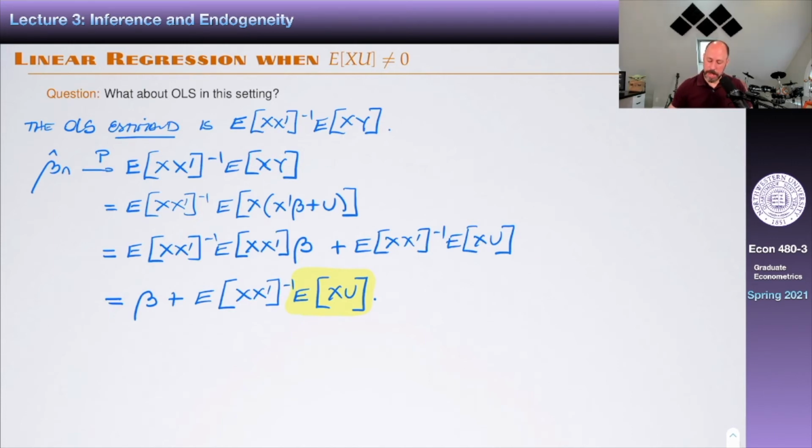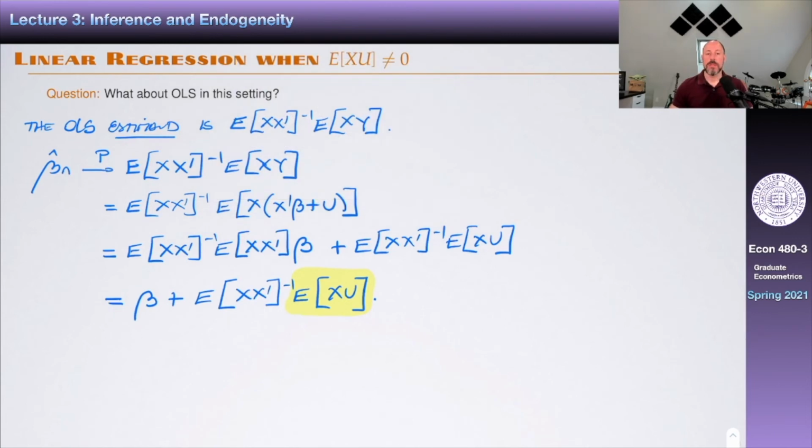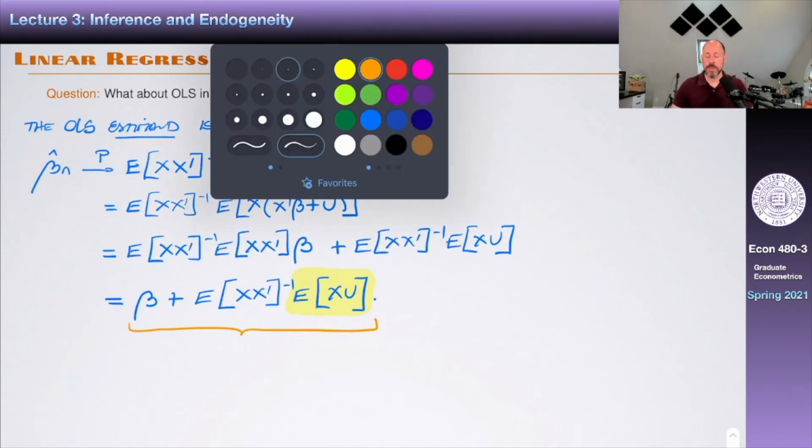And so beta hat is consistent for all this thing. So it's inconsistent for beta, and it has a deviation from beta that we know what it looks like. It is the expected value of xx prime inverse times the expected value of xu.